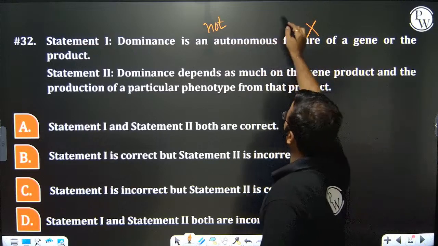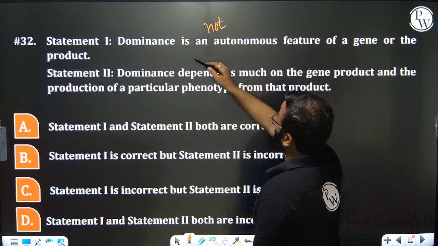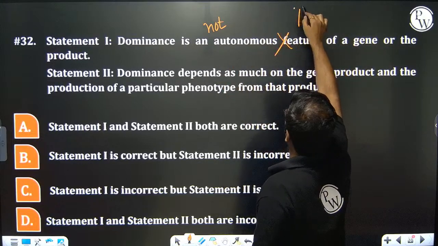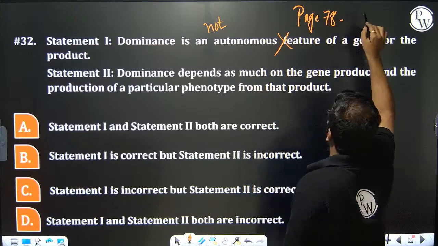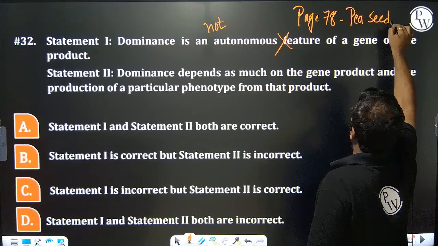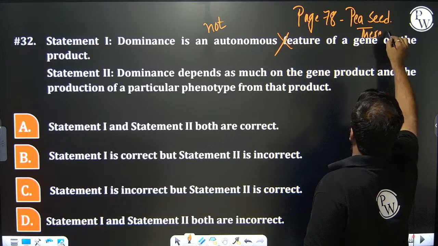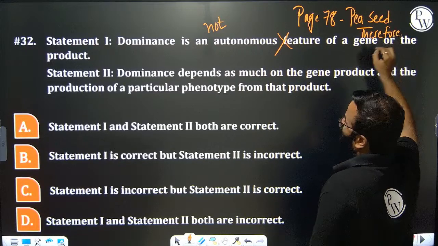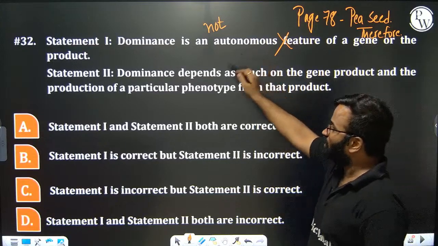This is on page number 78 of the old textbook, where he is talking about the P seed, with the statement starting with 'therefore, dominance is not an autonomous feature'. So this is false.